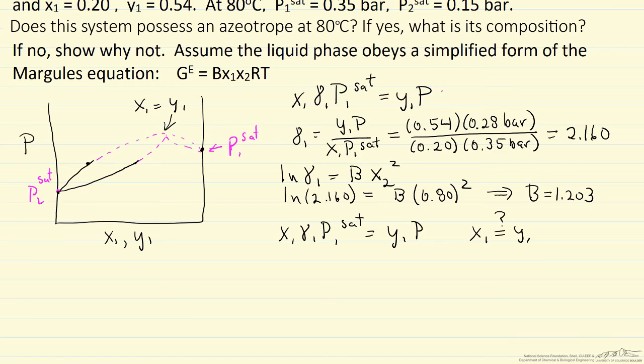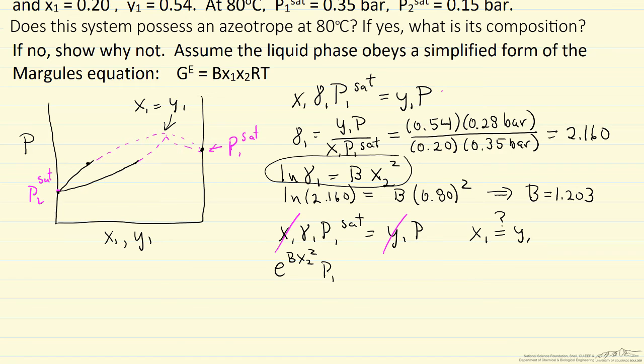If I look at this expression, x1 equals y1 means these cancel from the expression. Then when I rewrite this, I'm going to substitute for gamma 1. Gamma 1 from here is an exponential of b times x2 squared. So e to the b x2 squared is gamma 1.